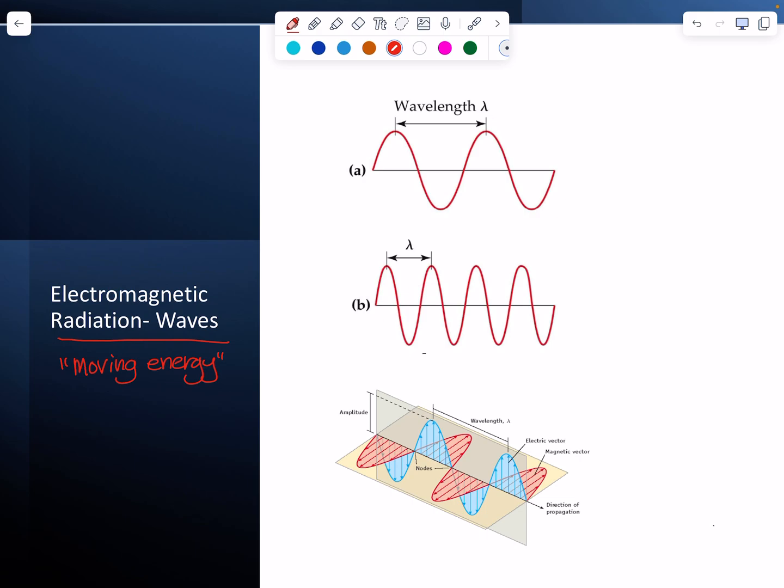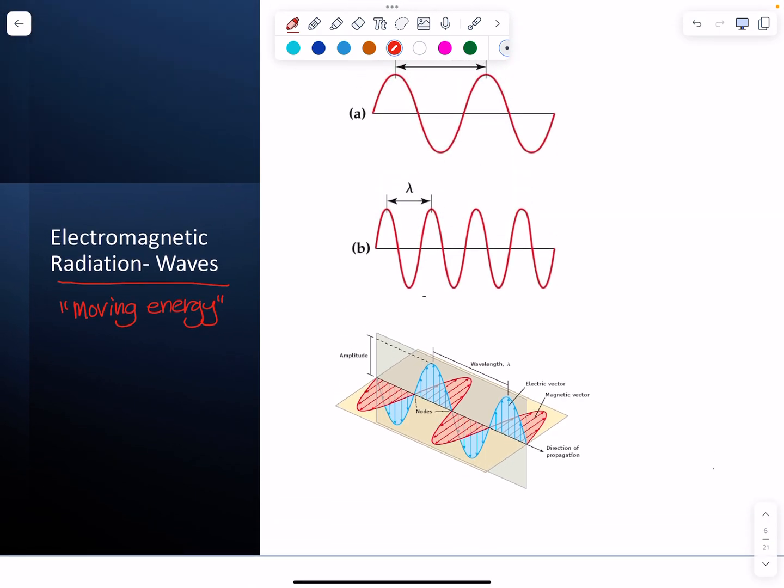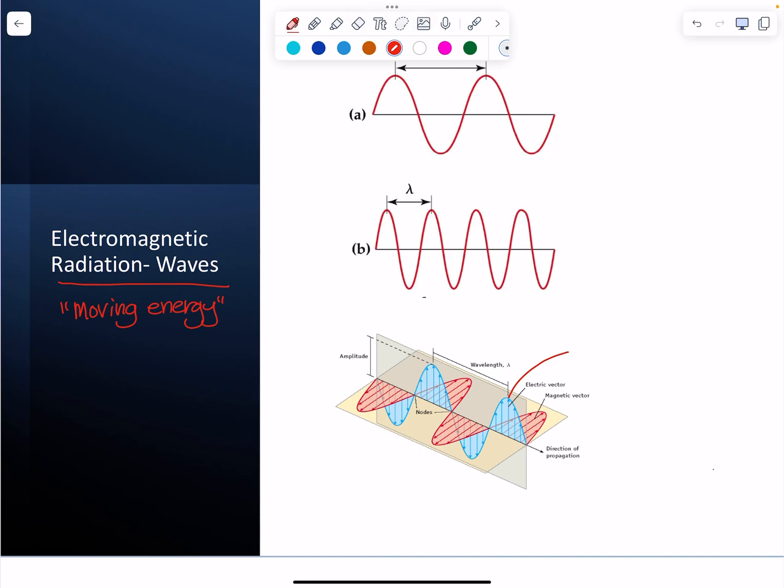And it's an invisible wave, not like a wave on a pond, which is a wave that's traveling through matter. The matter is the water, right? So electromagnetic radiation has both an electric component that's shown here in blue, and perpendicular to that, there is what's called a magnetic component.